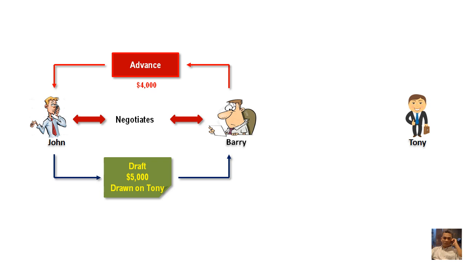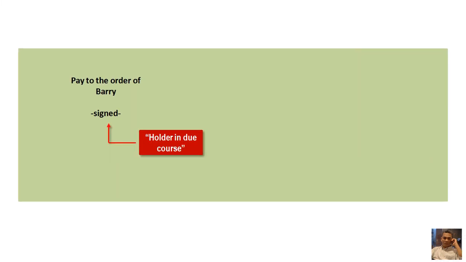So when John delivered the draft to Barry and accepted 4,000 as the value for his draft, legally speaking, John has transferred his right to funds to Barry. The draft has been negotiated or purchased by Barry. And the negotiation is complete when the draft is transferred to Barry and endorsed by Barry on the back of the draft.